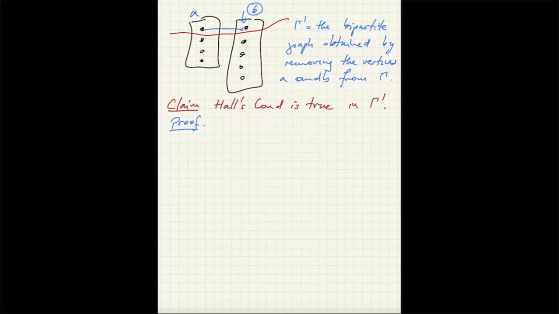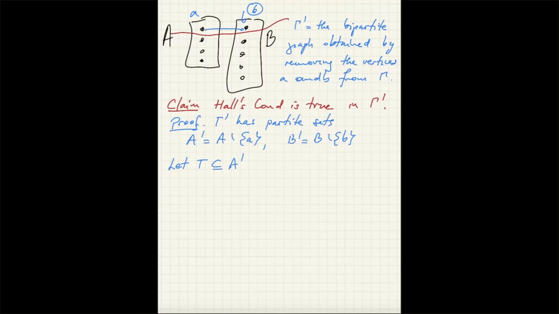This was A and this was B. Now gamma prime has bipartite sets. Let's call them A prime, which is A minus A, and B prime, which is B minus B. And now to prove that Hall condition is satisfied, let T be a subset of A prime. So we can take a T here. This is T.